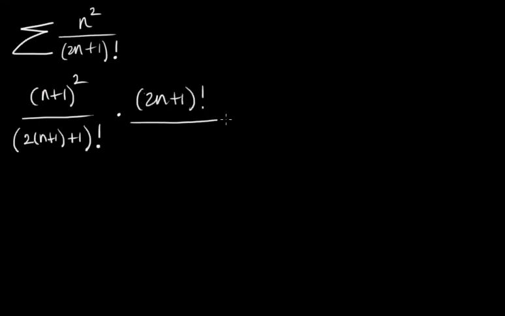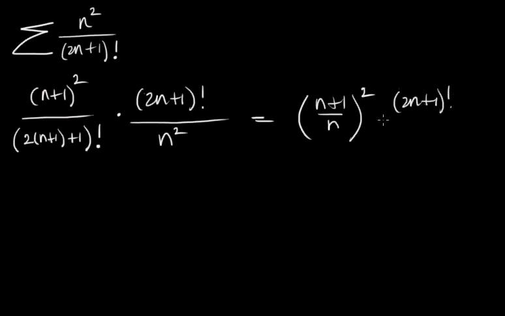So I have 2n plus 1 factorial over n squared. Okay, so now I'm going to rewrite this, because n plus 1 squared over n squared is n plus 1 over n, squared. So I'll simplify that. And then I have 2n plus 1 factorial over that thing.